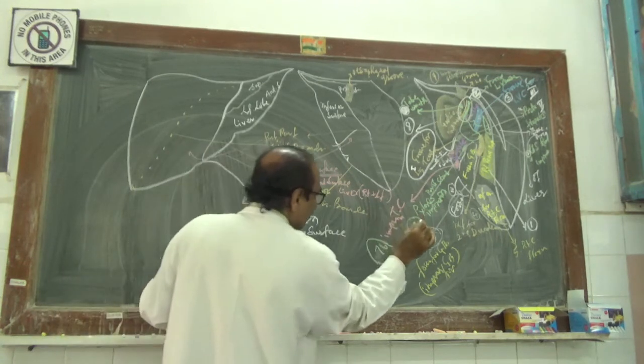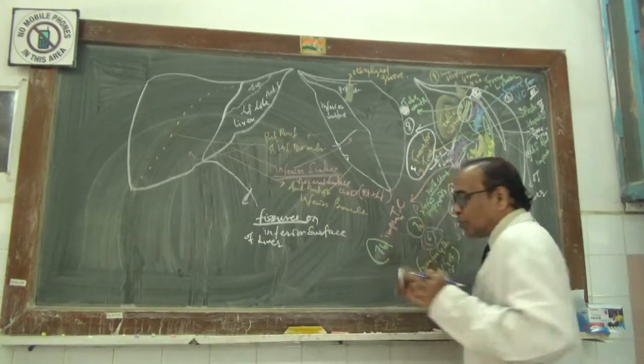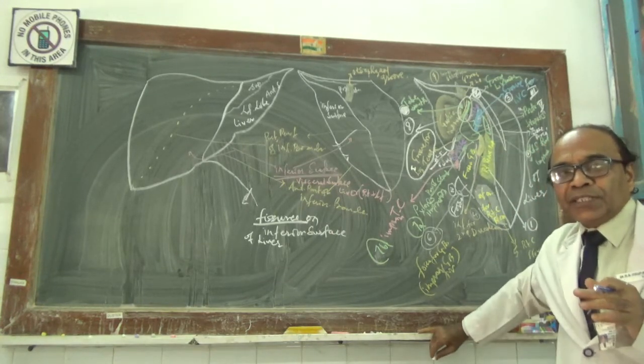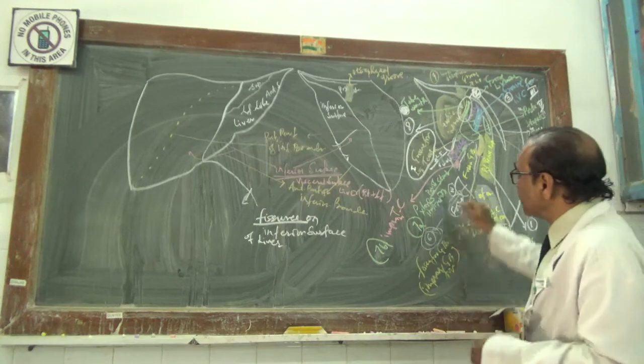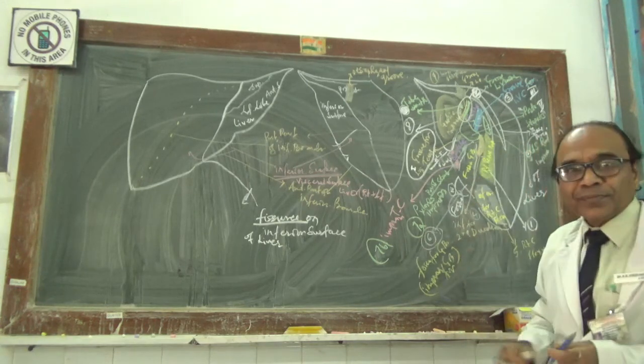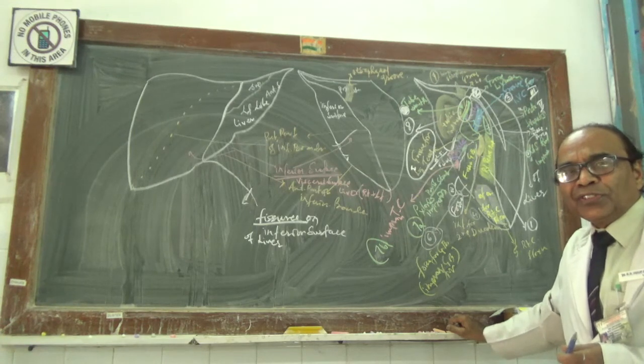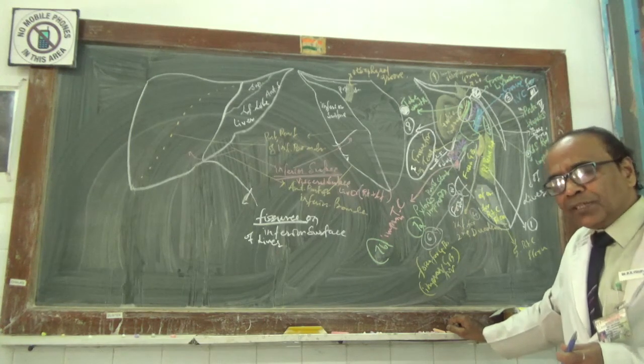First, it is the groove for the ligamentum teres of the liver. It is a deep fissure or a furrow on the inferior surface of the liver.